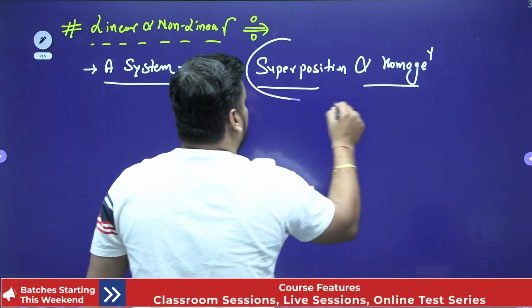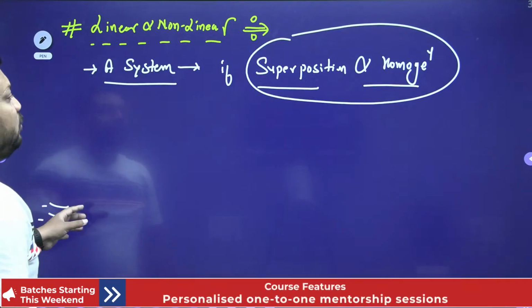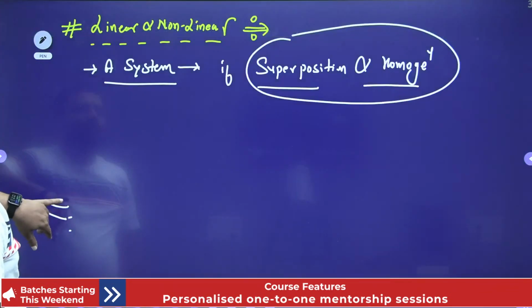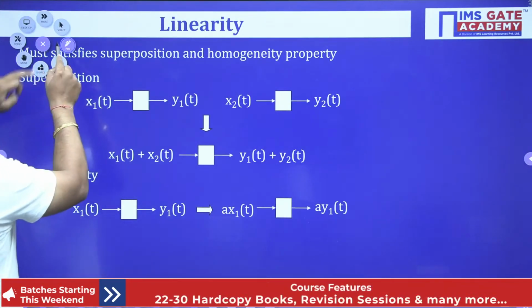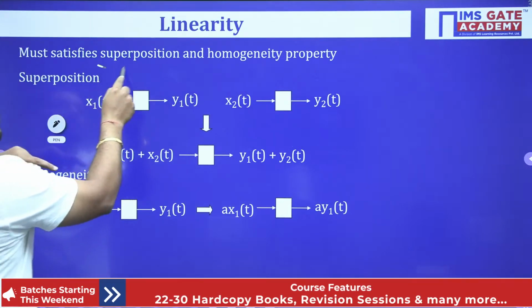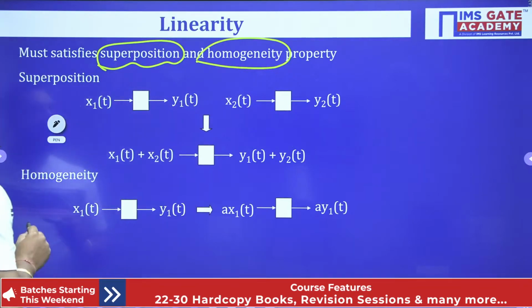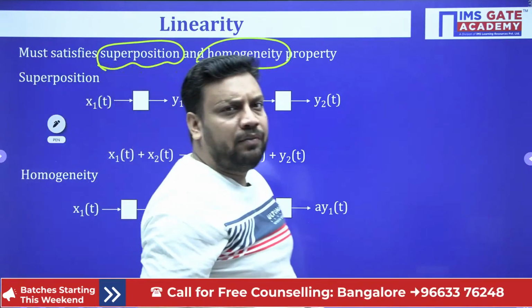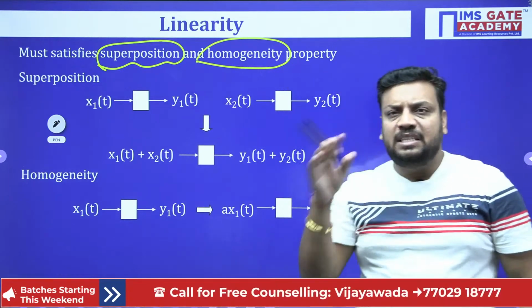So to make the system linear, it must satisfy superposition as well as homogeneity. Now what is the meaning of superposition? I will give you an amazing short trick. After 10 minutes, the property of linear, non-linear will become very easy for you.